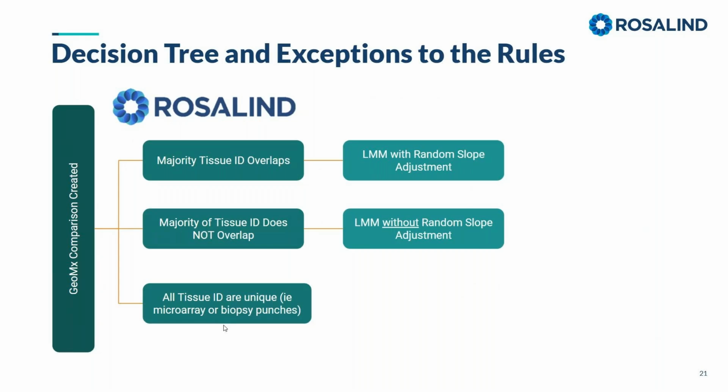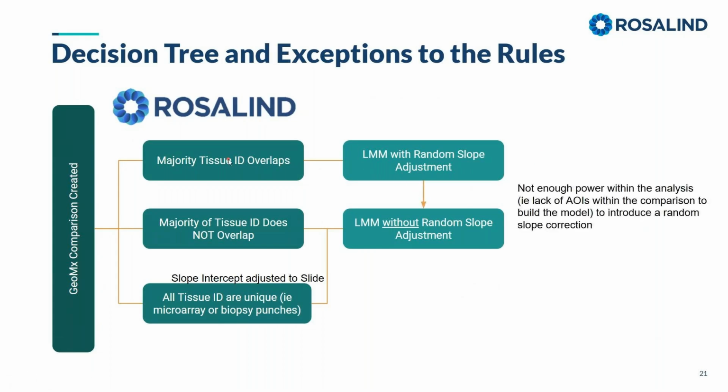So you don't have any of that subsampling. The reason we use tissue ID for the intercept is because you're going to have multiple AOIs taken per tissue. So that's best fit. However, if you have this unique situation, the best fit is actually adjusting your slope intercept to slide within your linear mixed model. So we're actually going to do that for you.